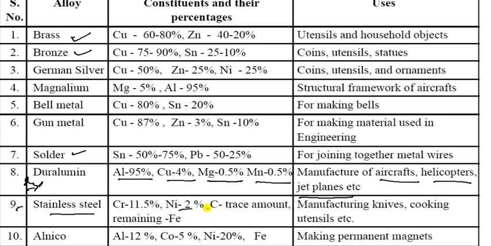Now come to the seventh, solder. Solder is Sn 50 to 75% and lead 50 to 25%, for joining together metal wires. Now the eighth, duralumin, it is a most important thing: aluminum 95%, copper 4%, Mg 0.5%, and Mn 0.5%. Used in manufacture of aircraft, helicopters, jet planes.